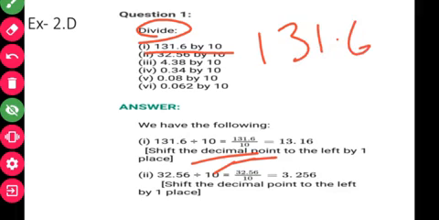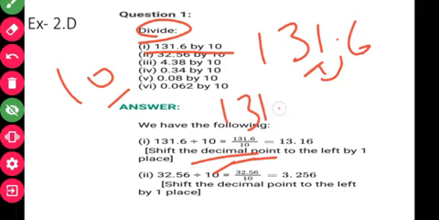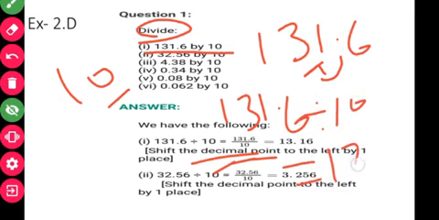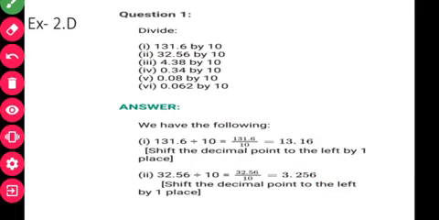So how many 0s are there? 1 zero in 10. So decimal will be shifted to the left side one place. Okay, that means 131.6 divided by 10 will be equal to 13.16. Understand? Because decimal is shifted one place to the left. Similarly, you can do remaining parts. Now come to next question.